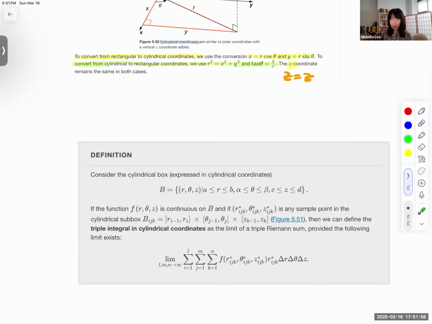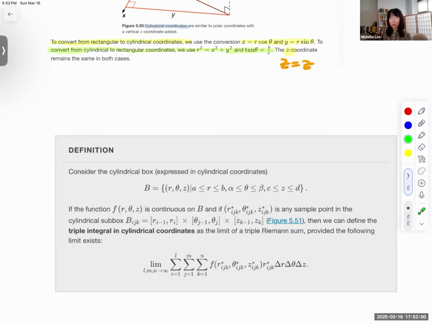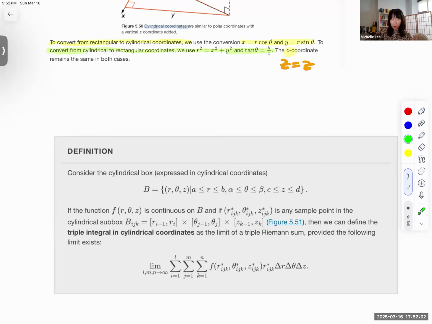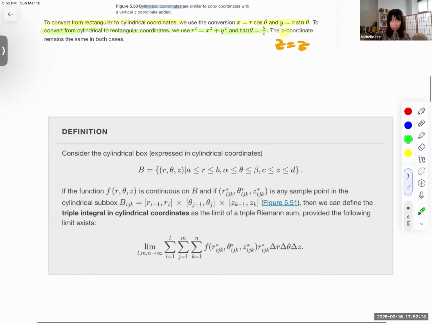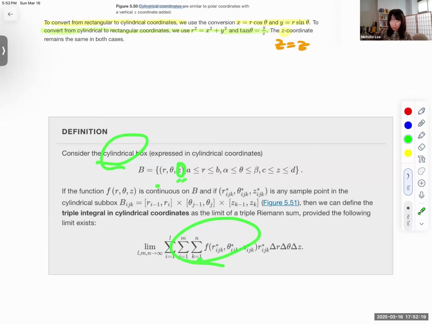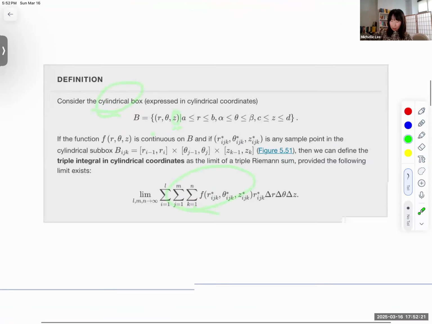Now, triple integration. This comes from double integration. We had experience with polar coordinate double integration, so we add one more dimension. We have a cylindrical box, and we add z: r, theta, z. We are using a Riemann sum.